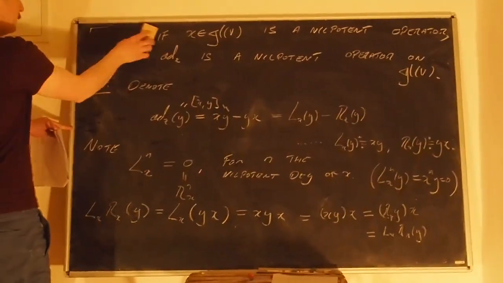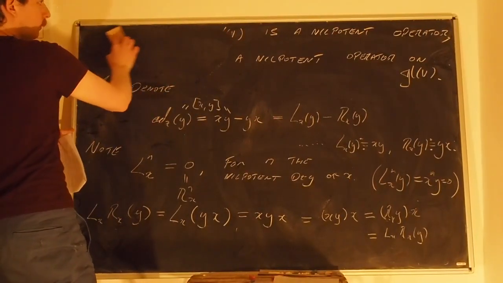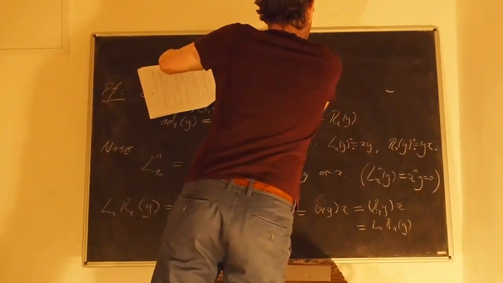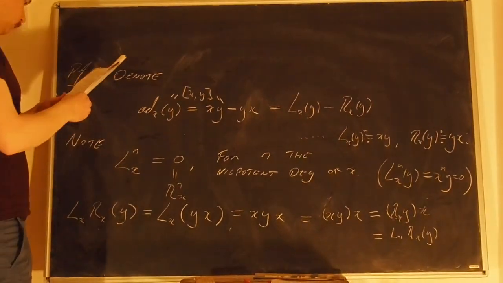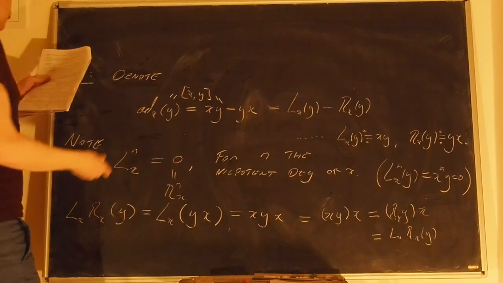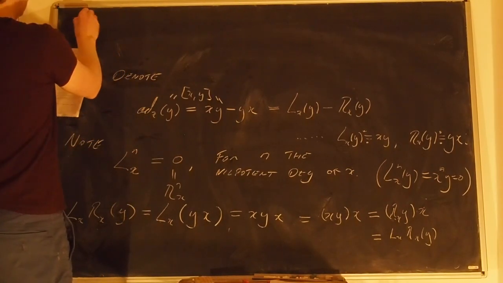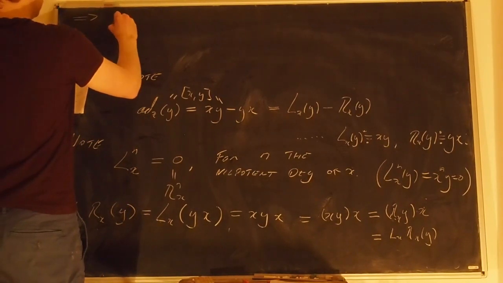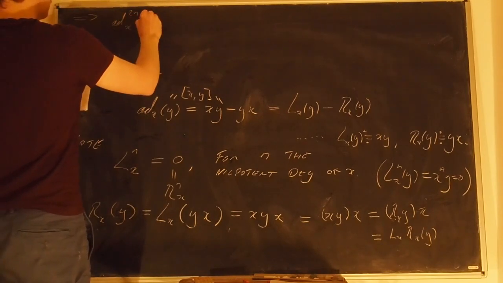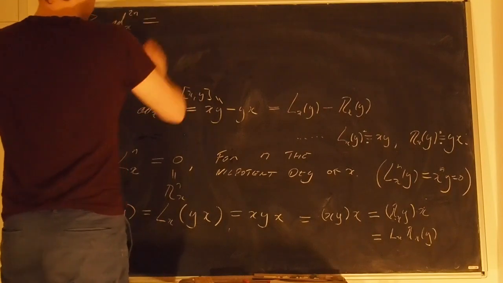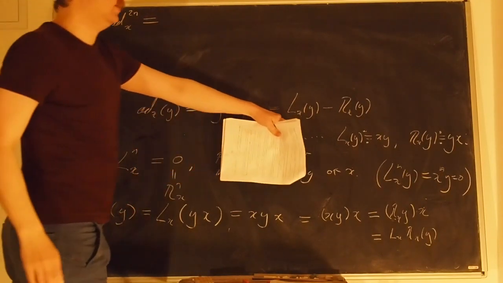Okay, so there's not enough space, so I'll just continue from here. Now, if these guys commute, therefore, the adjoint of x to the 2n, remember the adjoint itself is just this.